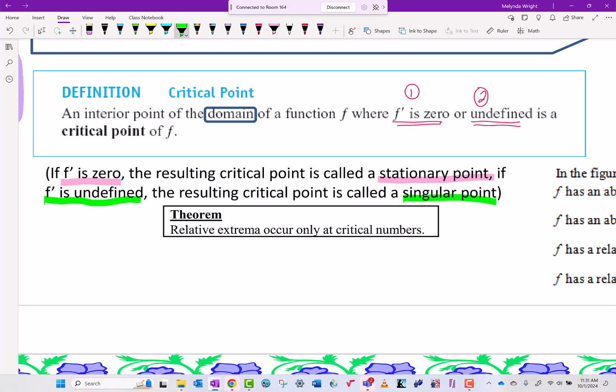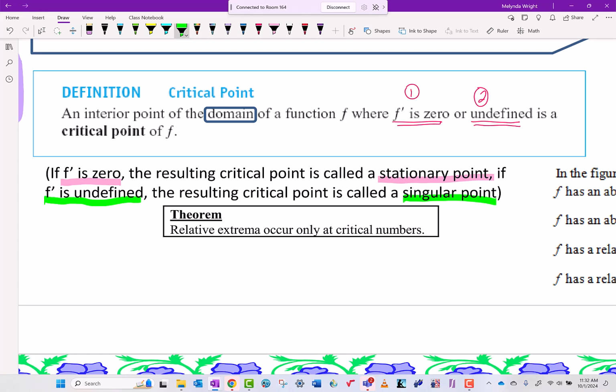You can't imagine some of the responses I've gotten on the formula quiz for a stationary point and singular point. I've gotten a point that doesn't move. Really? No. A stationary point is a critical point where f prime is 0. A singular point? No, that doesn't mean there's just one point.